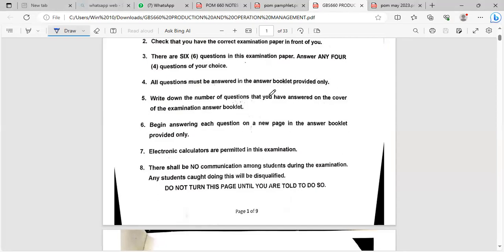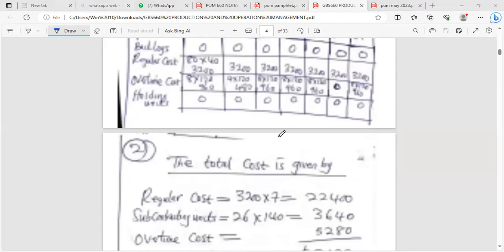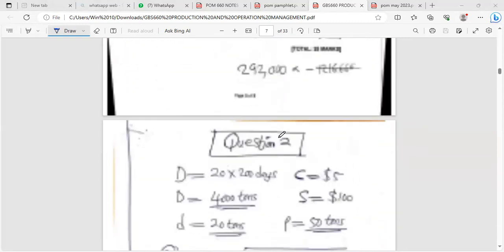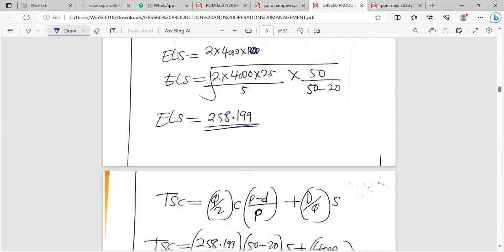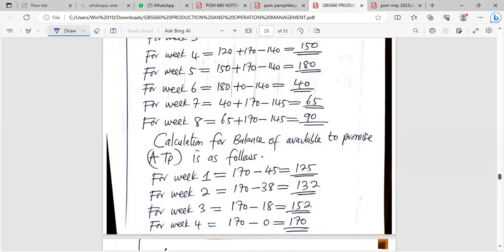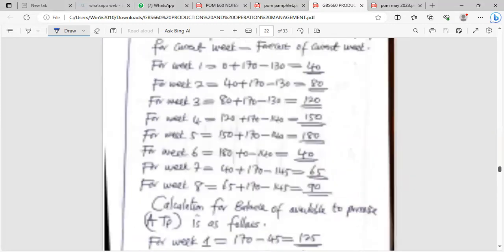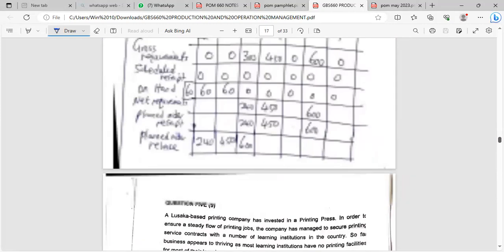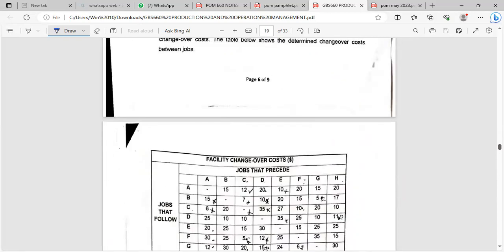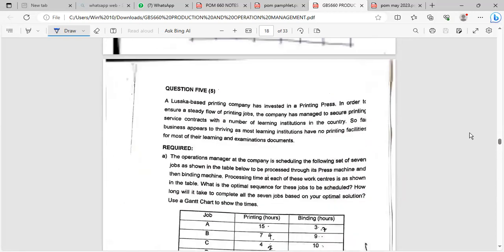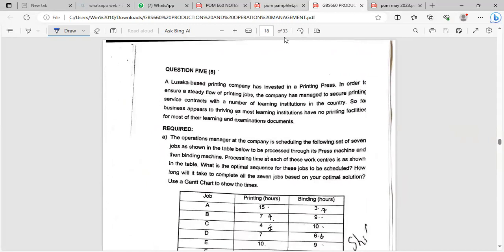That question is question 5, so I need to explain. Getting down to question 5.